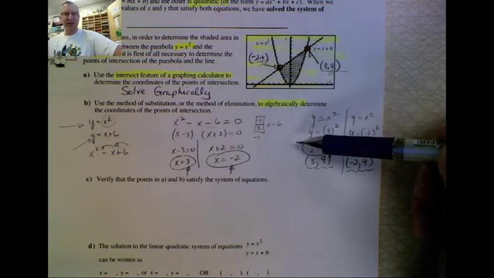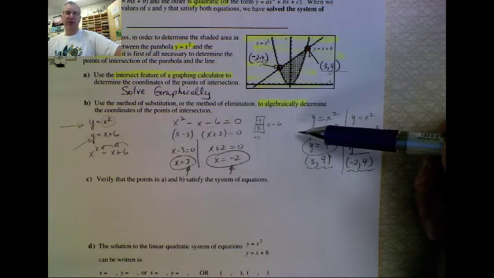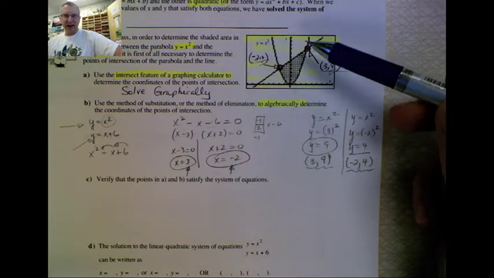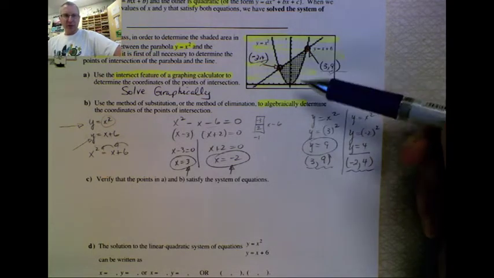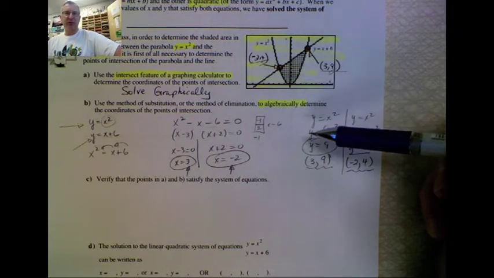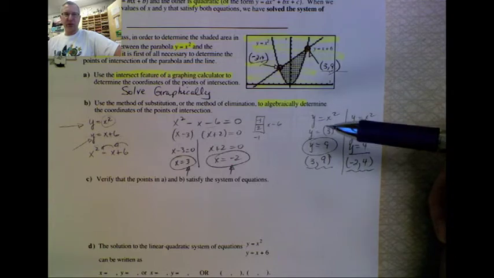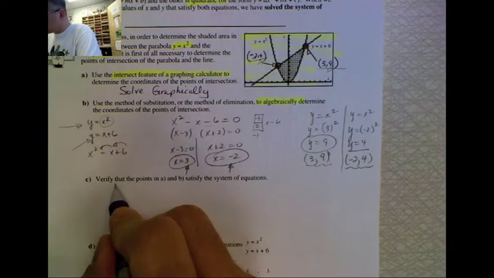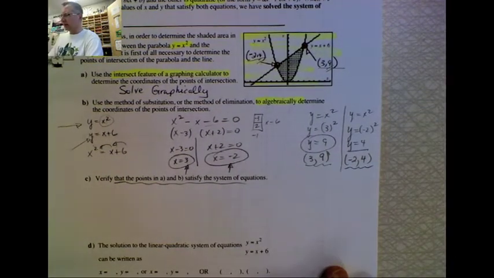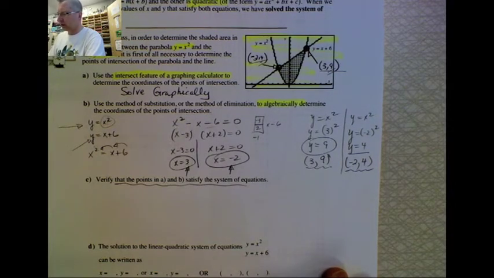In those cases, it's actually easier to solve those problems algebraically. So you have to know both methods. Sometimes one method is more useful or easier to use than the other, and you need to be able to do both.